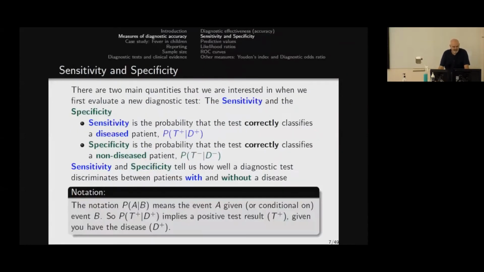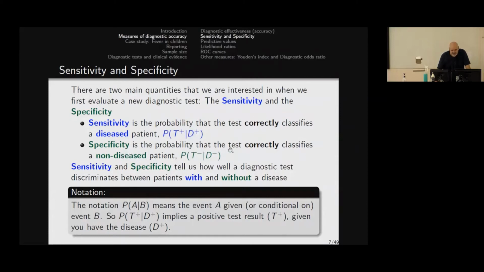All right. The next ones, very closely related to this, are the sensitivity and the specificity. So the sensitivity we assume to be the probability, based on our sample, that the test correctly classifies somebody with the disease. In other words, the probability of getting a positive test given you've got the disease.